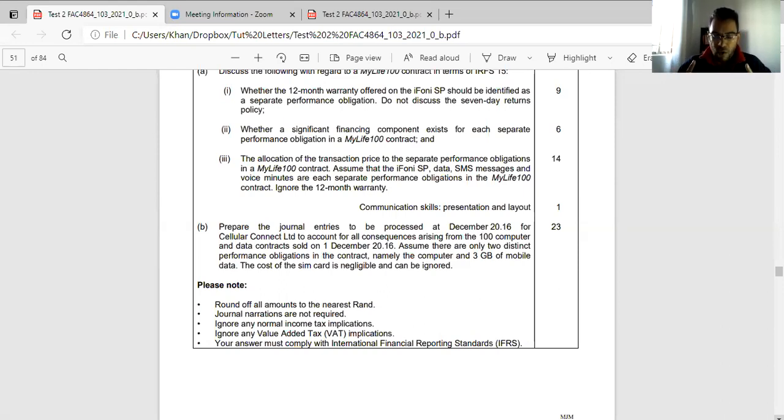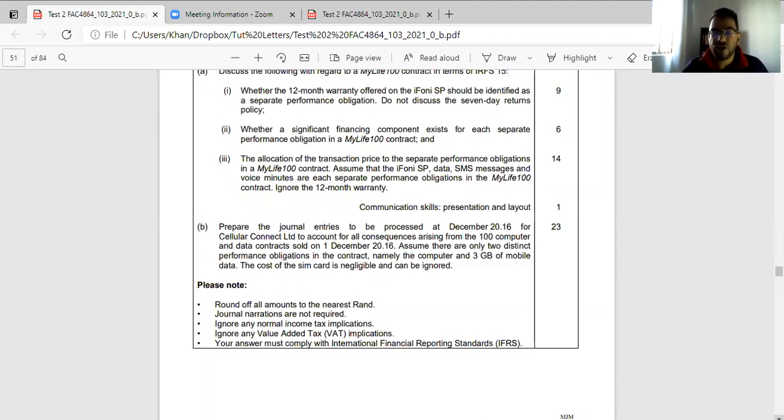Then 7 days later, the refund policy comes to an end, so we need to look at what happens after that. The third aspect is 31 December 2016 when we receive the cash.